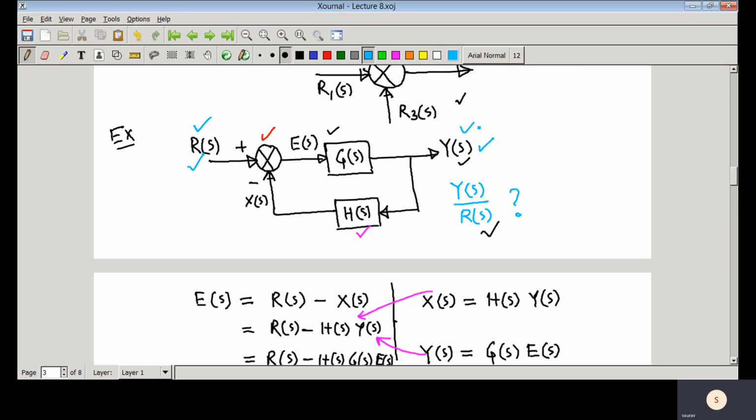Now one interesting thing you can notice here is that this is a closed loop control system, and this particular portion of the block diagram is called the forward path, and here this is the feedback path.